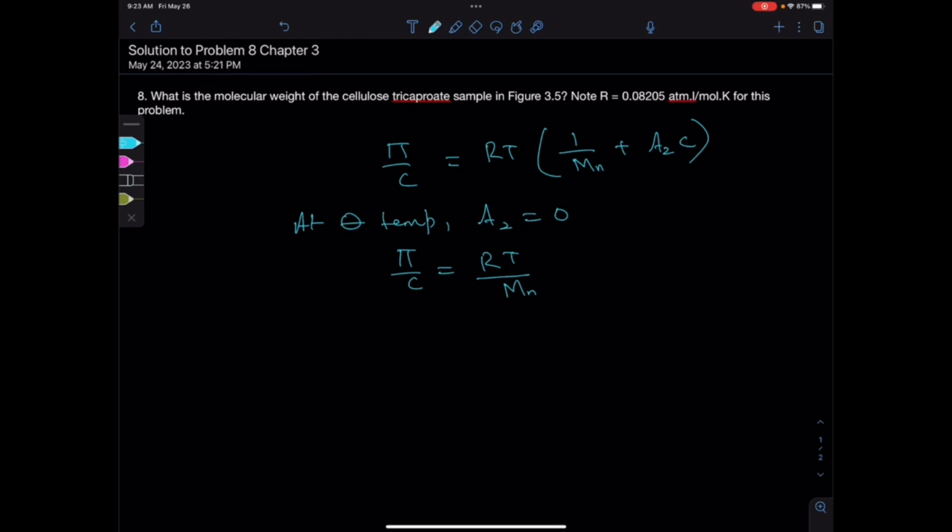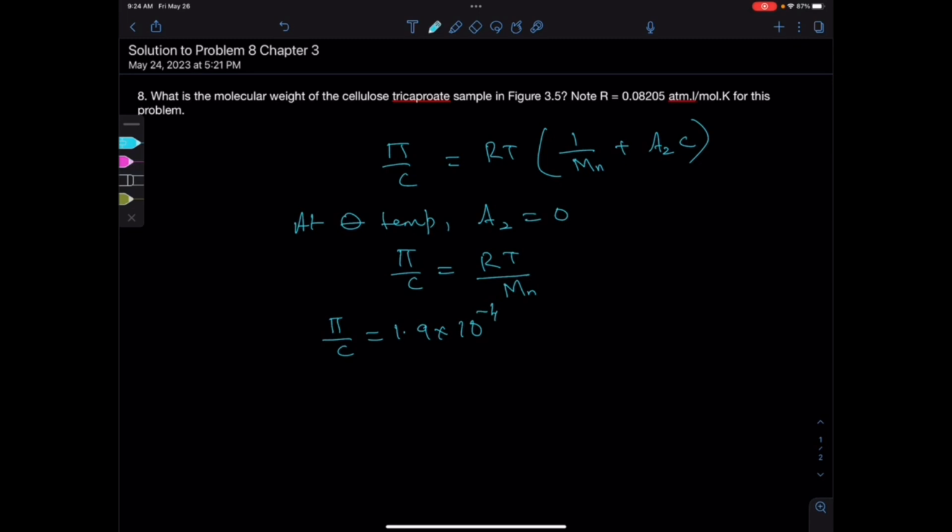the y-axis at 1.9, which means at Flory theta temperature, the pi by C value is 1.9 times 10 to the negative 4, because the y-axis is given in terms of pi by C times 10 to the power 4. So the number denoted on the y-axis should be divided by 10 to the power 4.